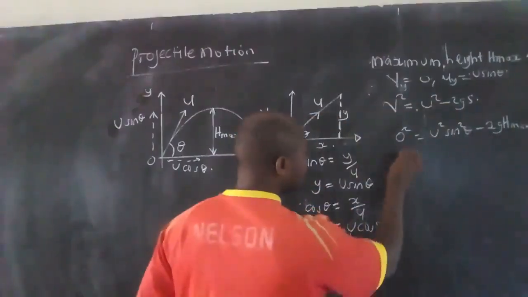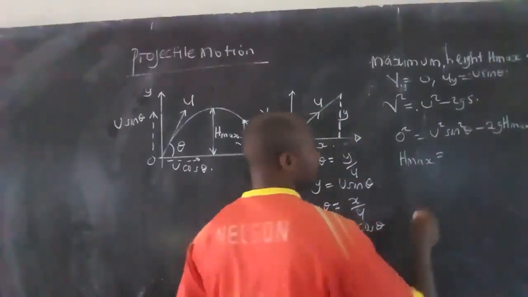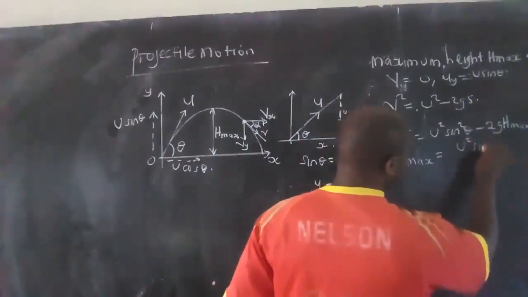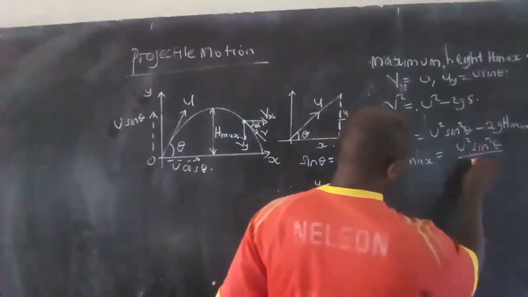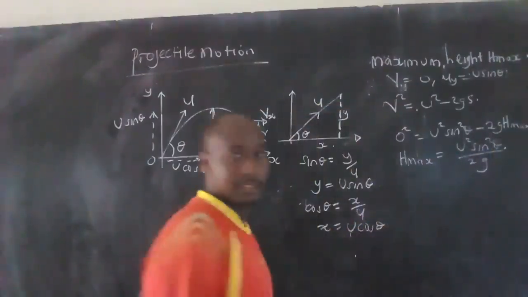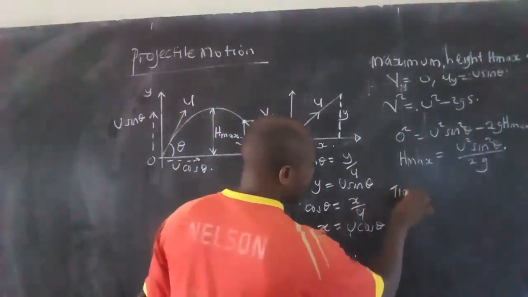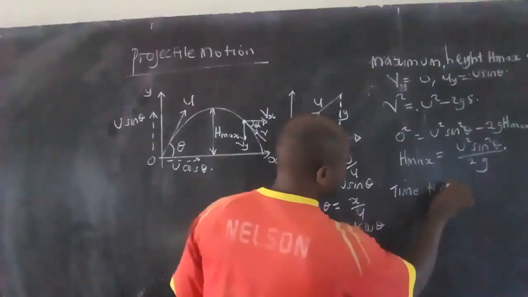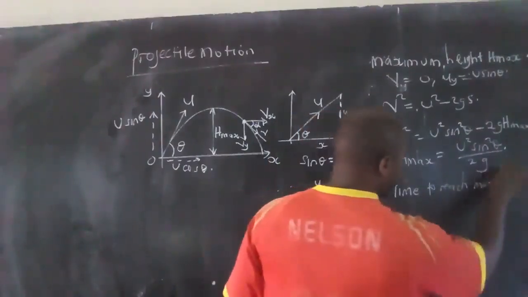So what will be our H max? H maximum will now become U squared sine squared theta divided by 2g. That's 1. 2. Time to reach maximum height.